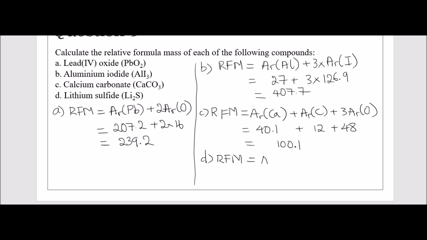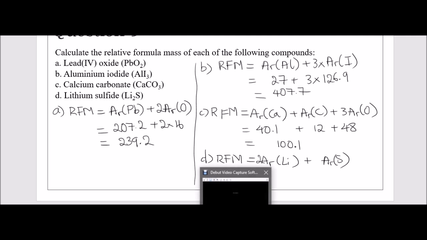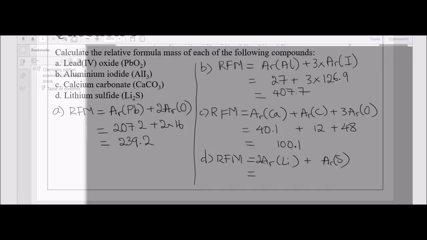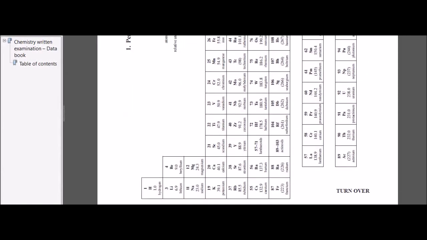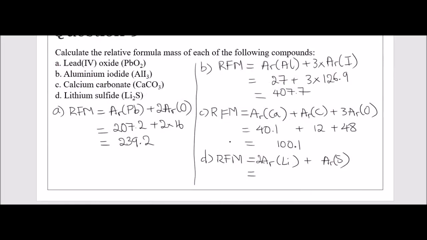Now this one, AR, will be, I need 2 of that. What is lithium? Okay. Is it 6? That would be odd. It's not 6, is it? It is, well, 6.9.